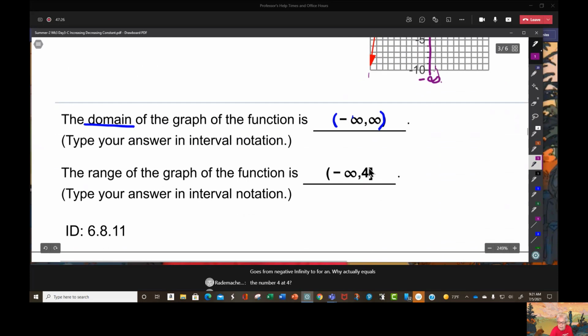So you've got a bracket there at 4. This says the graph starts at negative infinity and goes forever and comes to a screeching halt at y equals 4. That's the range. Lowest to highest.